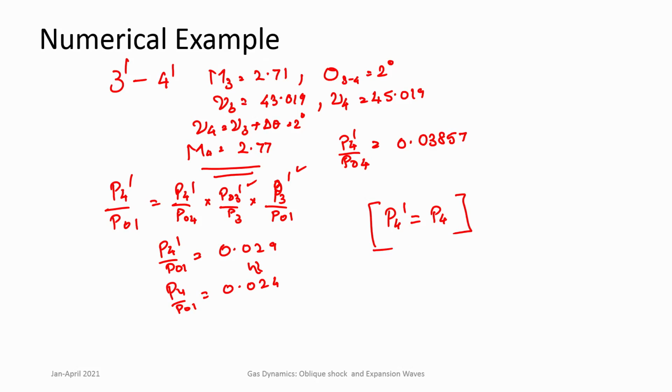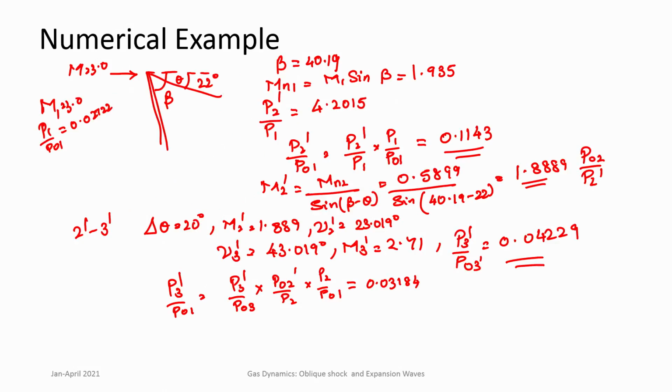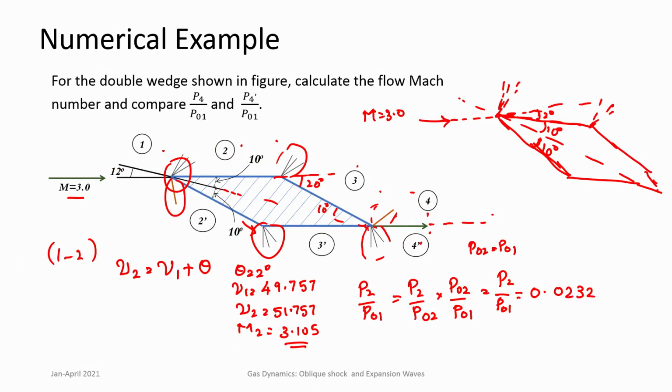Now if you know the pressures at each surface, you can always calculate the force. Pressure multiplied by area is a force. So you have found out pressure at each surface now, and from here you can calculate the force acting at each surface, and then they can be resolved into parallel and perpendicular components, and therefore you get lift and drag.